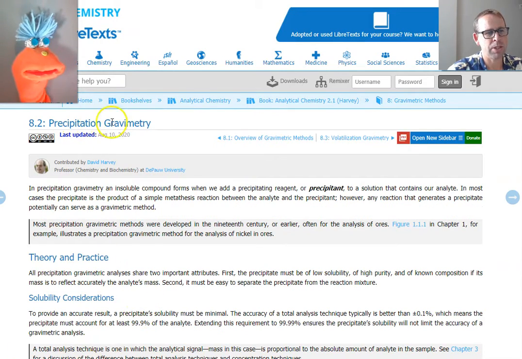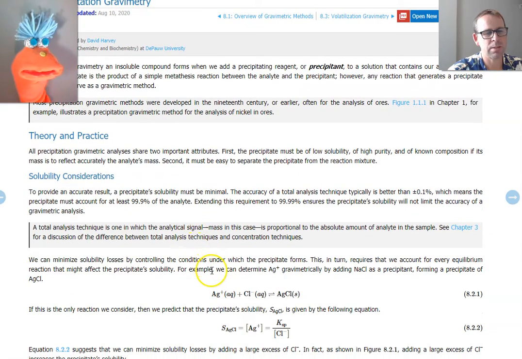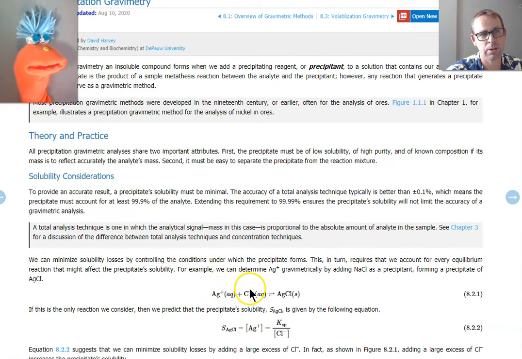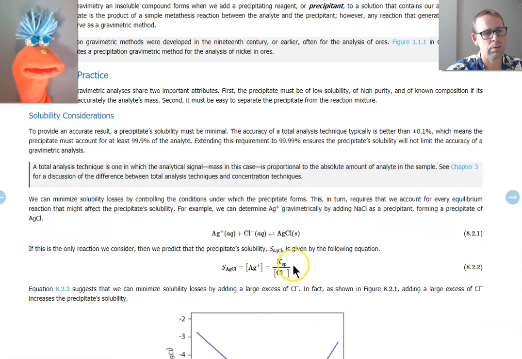So let's talk about precipitation gravimetry. This is probably relatively familiar to us because a lot of the problems where we talked about solubility dealt with forming solids, precipitates, metathesis reactions in which we get a solid, right?